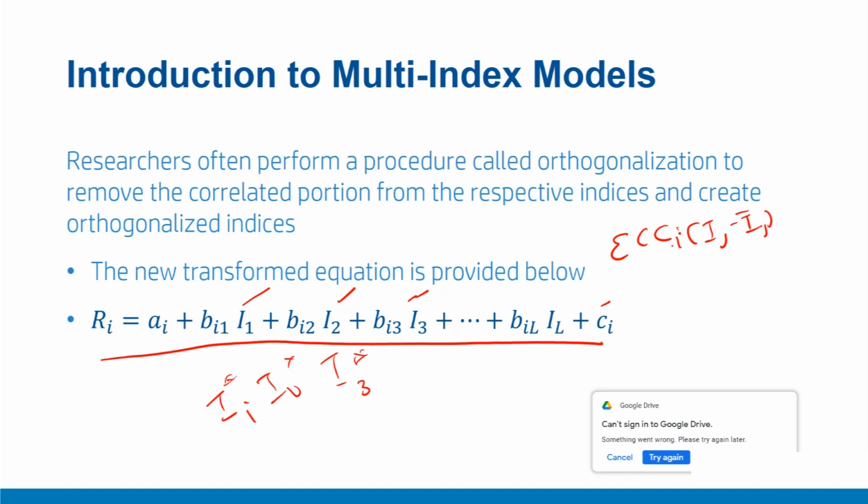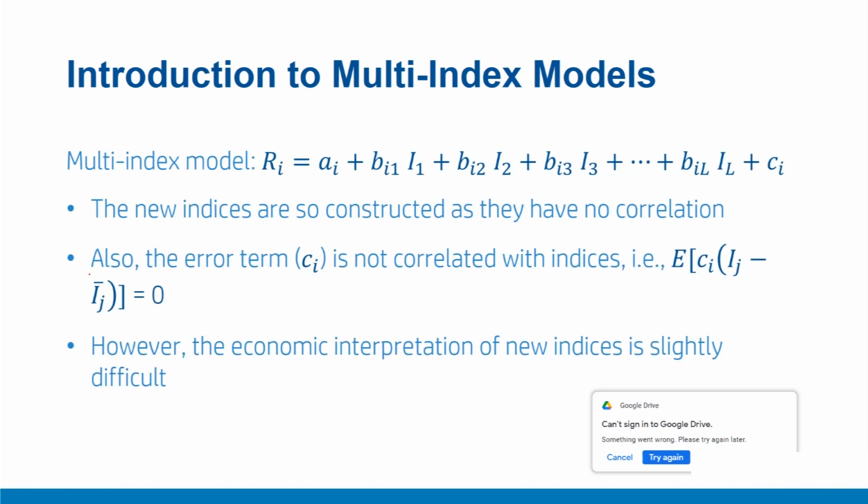So the expectation of Ci into Ij minus Ij bar is 0, which suggests that there is no correlation between indices and this error term. And also these indices are so designed that they do not have any correlation with each other as well. So this is our new modified equation.